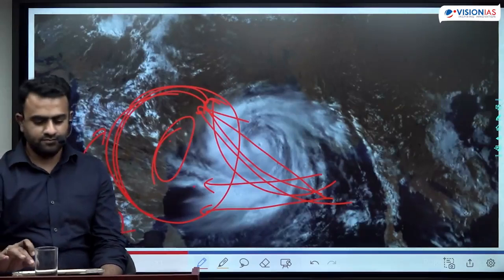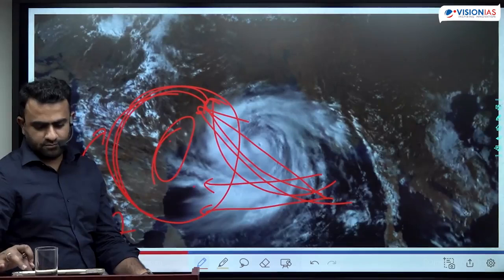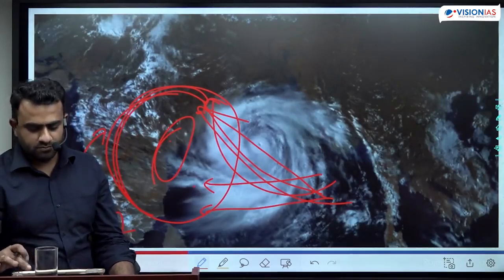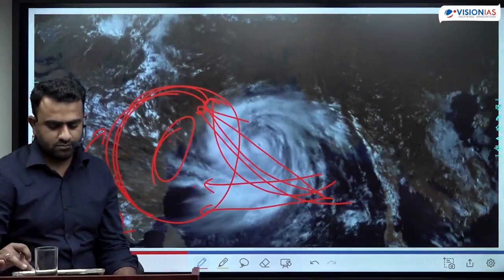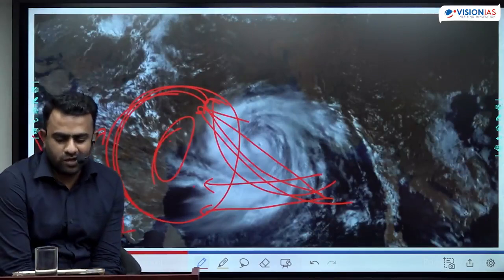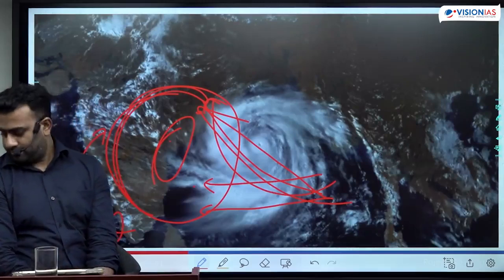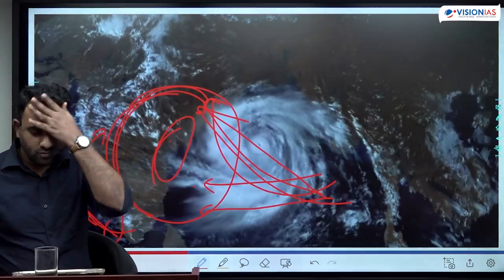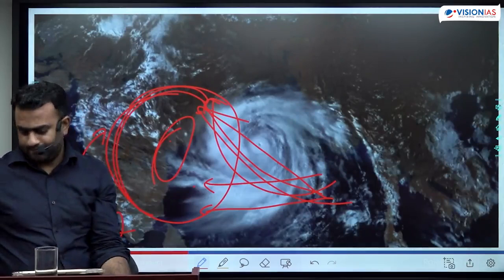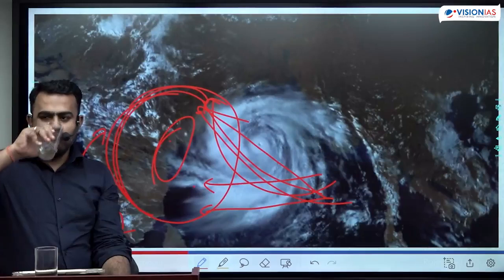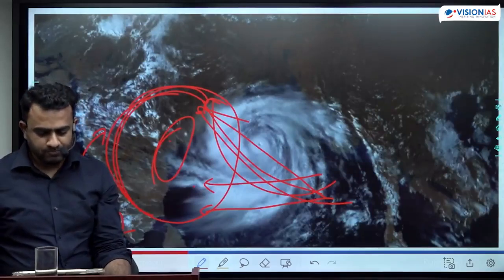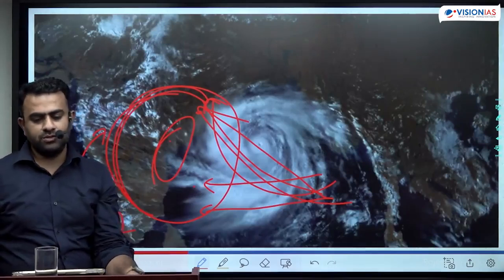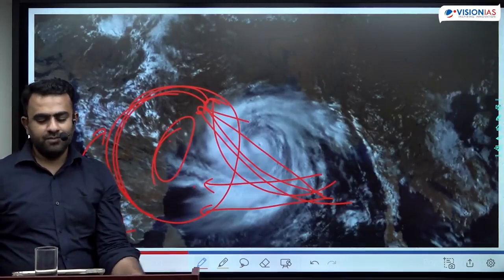Okay, so write quickly. Point wise: strong convection along warm ocean water surface result in buildup of huge cumulonimbus clouds.